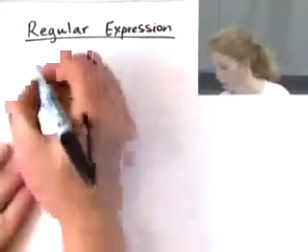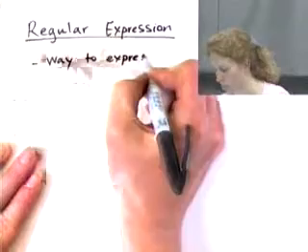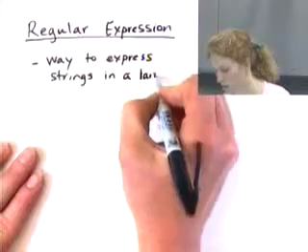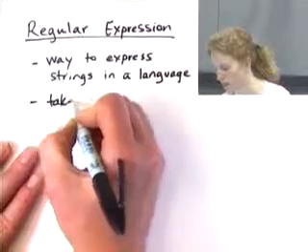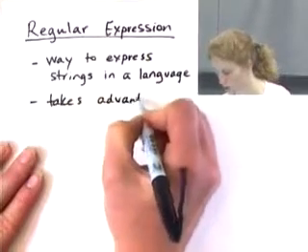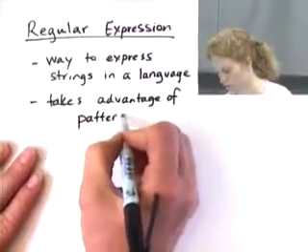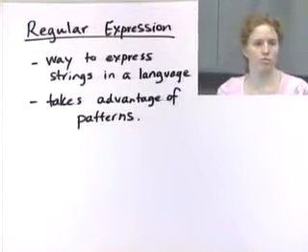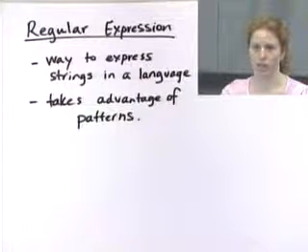A regular expression is a way to express strings in a language, and it takes advantage of patterns. So it's going to be a rule for making words in the language. That's what regular expressions are: rules to make words in a language.